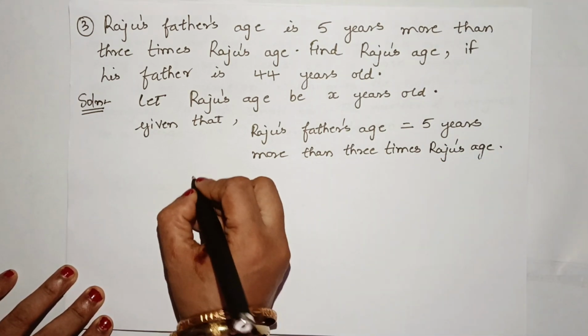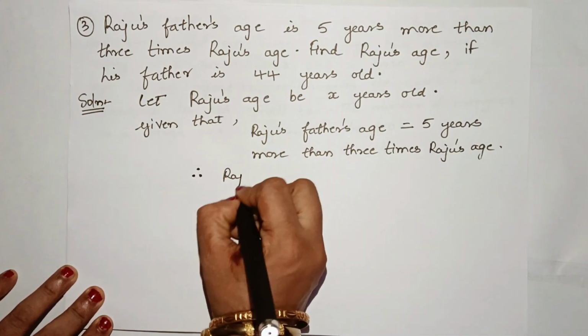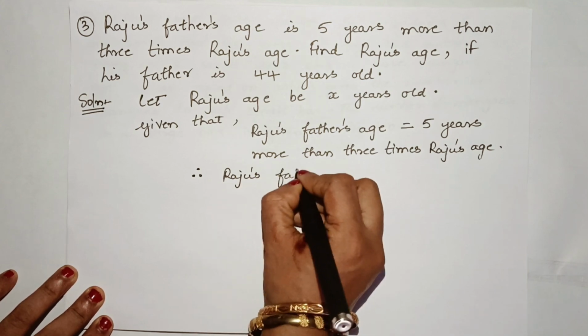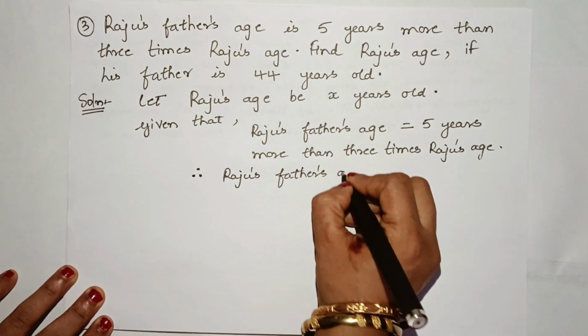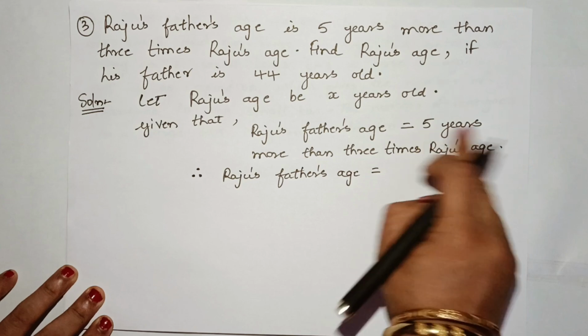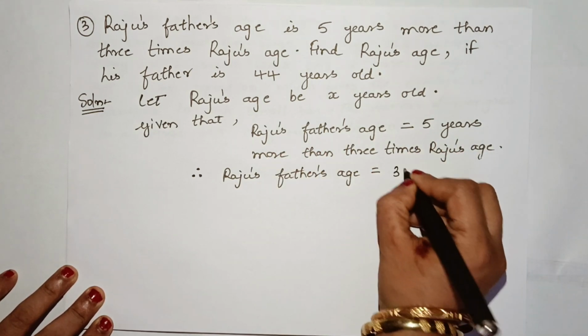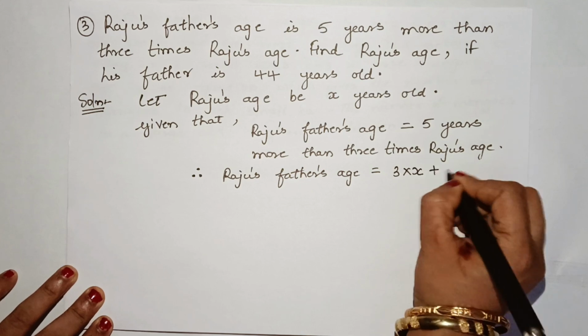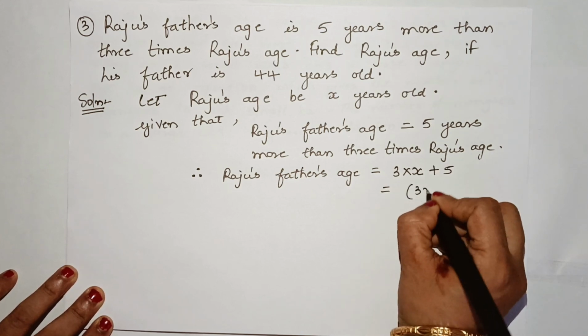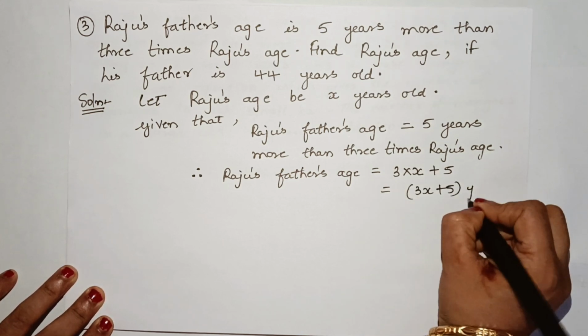So therefore, what will I write? Raju's father's age, what they said, 5 years more than 3 times Raju's age. So, 3 times Raju's age. Are you understanding? So, 3x plus 5 years.